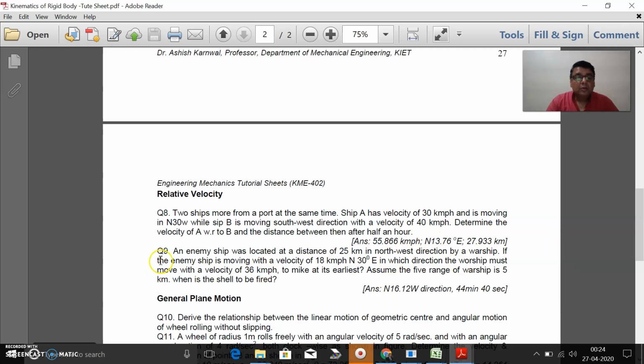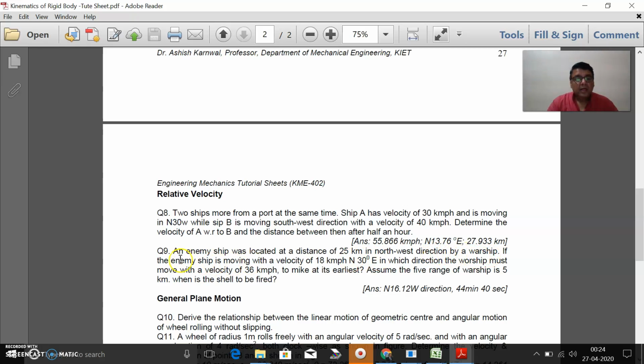So this is the last numerical of this relative velocity, and it is about an enemy ship. That enemy ship was located at a distance of 25 km in northwest direction by a warship. An enemy ship was located at a distance of 25 km in northwest direction by a warship.